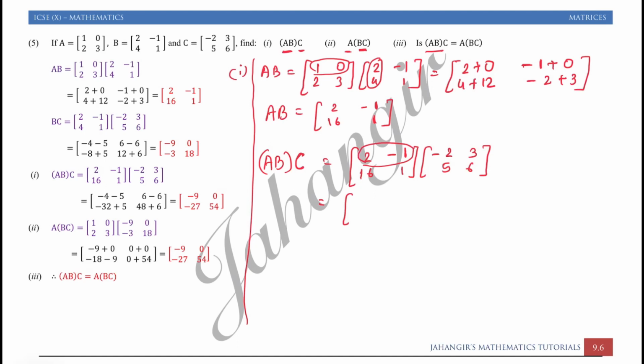First row is this, first column is this. 2 2s are minus 4. Minus 1 into 5 is minus 5. Same way second row, first column, 16 2s are minus 32. Why is this 16? This is 16. 16 2s are minus 32 plus 5 ones are 5.